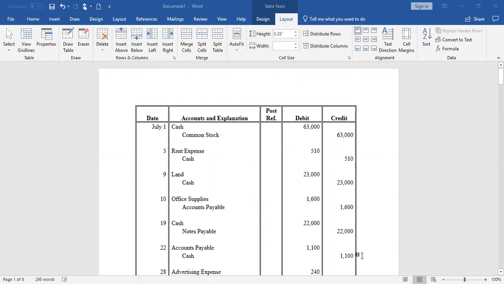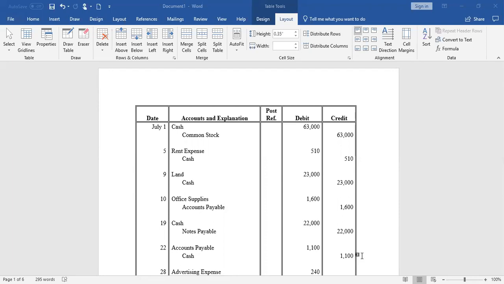So Vince York practices medicine under the business title Vince York, MD. During July, the medical practice completed the following transactions. Remember, there's a listing all the time of all the assets, liabilities, and parts of stockholders' equity that are available to use when you're recording the transactions, the different accounts.